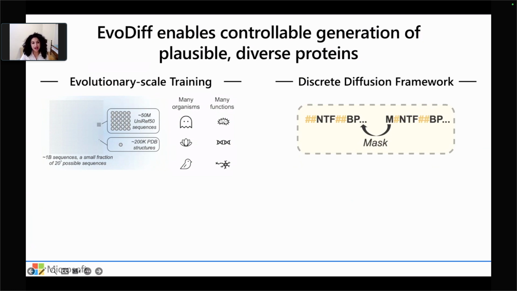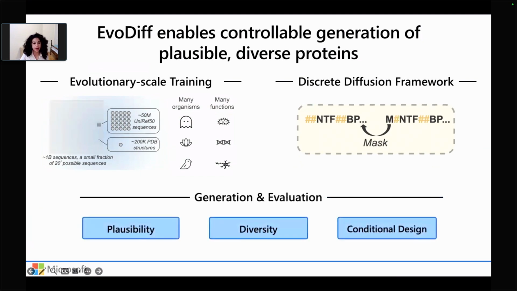Now, transitioning to how we think about putting these two together to generate new protein sequences and actually evaluate the quality of these generations. In our first round of evaluations, we focused on three axes of metrics, three axes of criteria, that we wanted to evaluate EvoDiff by.